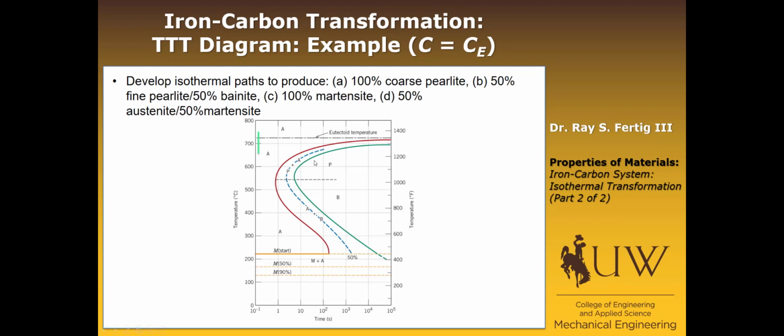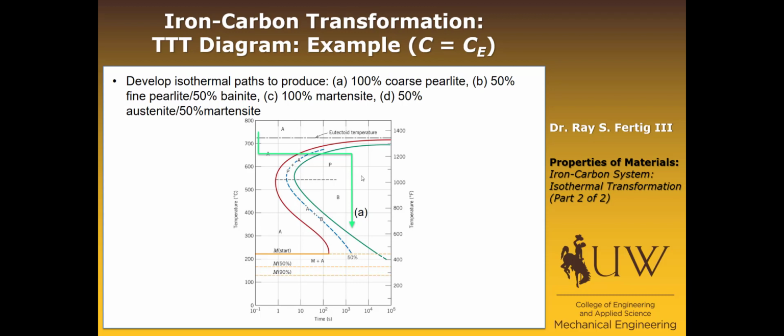An appropriate length to form 100% perlite is any length of time that gets us past this green curve, because that's the 100% transformation line. So we hold for about 2,000 seconds, and then we can cool to room temperature if we want. That will give us 100% coarse perlite.